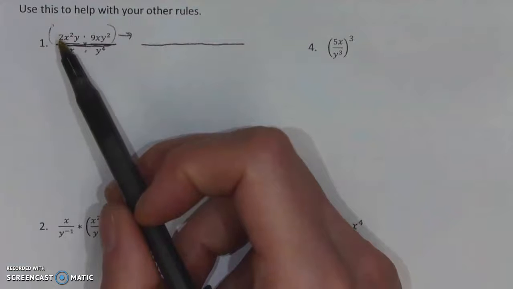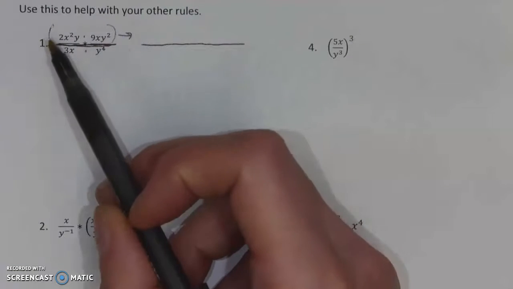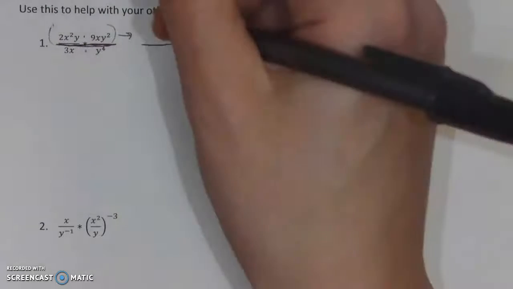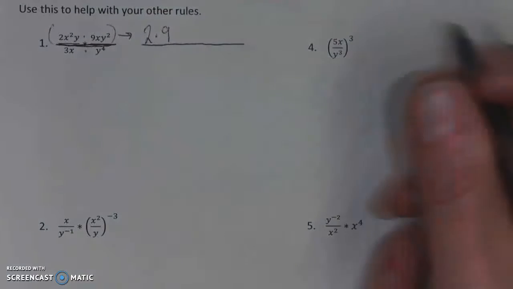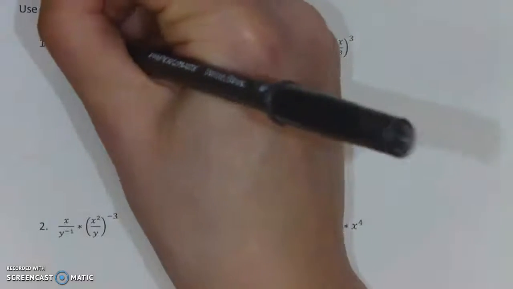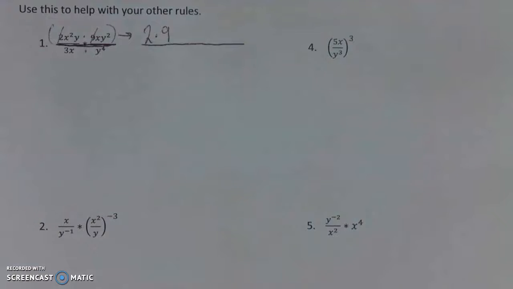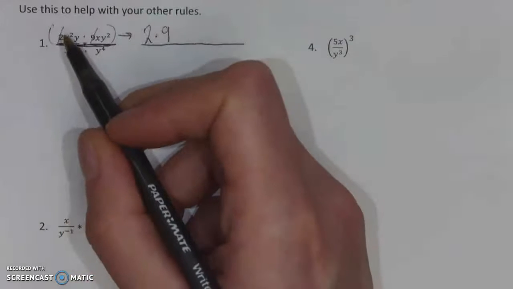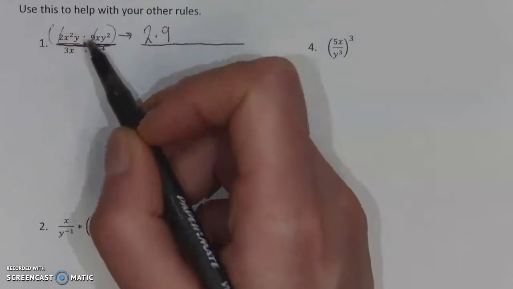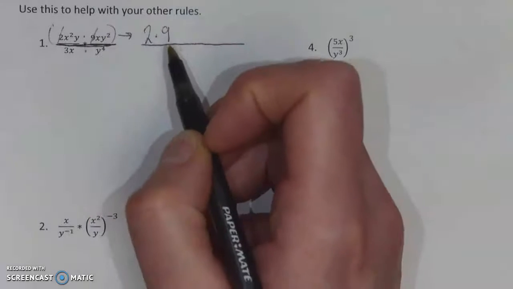I'm going to start with all of my normal numbers, not exponents, but my normal coefficients like 2 and 9. And I'm going to put those at the front, 2 times 9. Next, I'm going to pick my variables. I'm going to also cross off my 2 and 9 so I don't accidentally use them again later. I'm going to start by then switching my x's into their own little section in the middle.